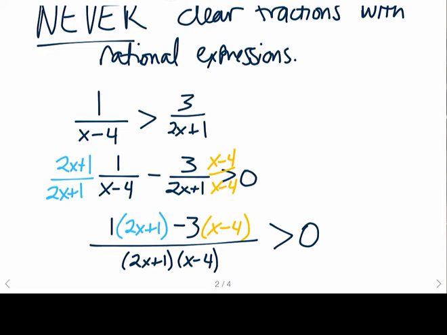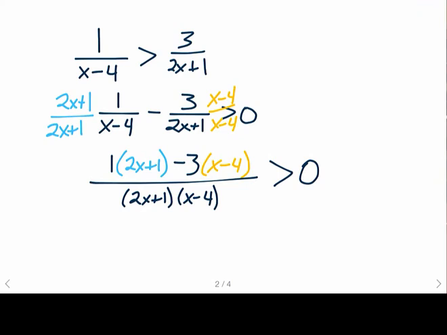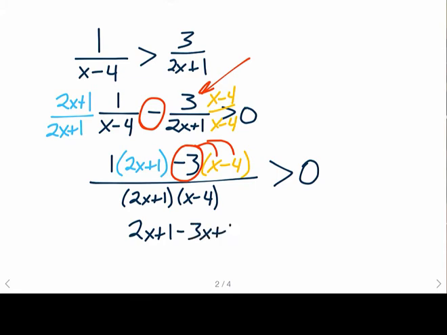I left this the way I did here for a reason. I'm not done with it yet, but I want to point out that this was subtraction once we moved everything on the same side, which means that when we deal with that x minus 4, we have to remember that we are distributing a negative 3, because that second numerator was actually negative 3, right? Well, when I simplify the numerator, I have 2x plus 1 minus 3x plus 12.